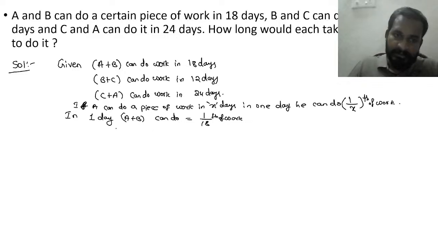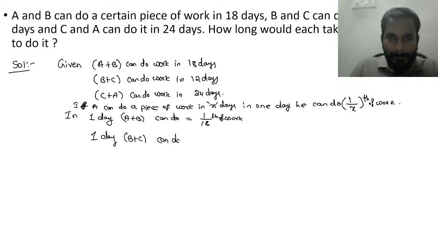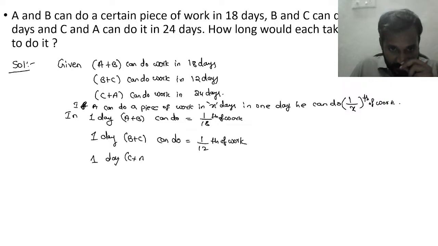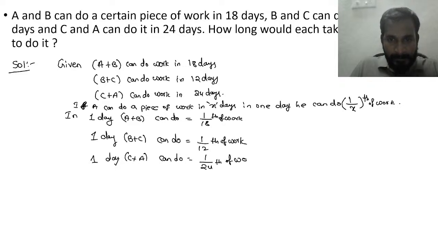Next, in one day B and C can do 1 by 12th of work. In one day C and A can do 1 by 24th of work.